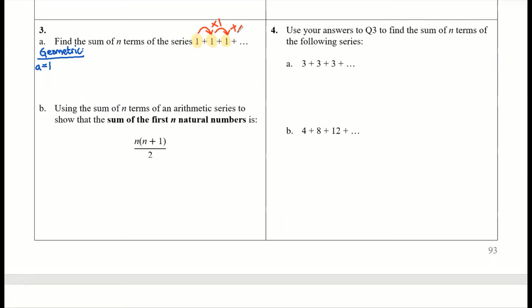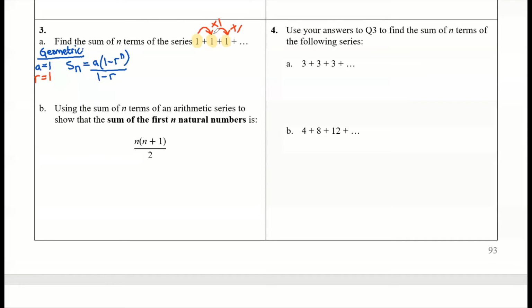Now, if we put in R equals 1, you're going to notice we're going to run into a problem, because if I write out the sum of n terms, remember it's A multiplied by 1 minus R to the n over 1 subtract R. And this is where we have the problem.